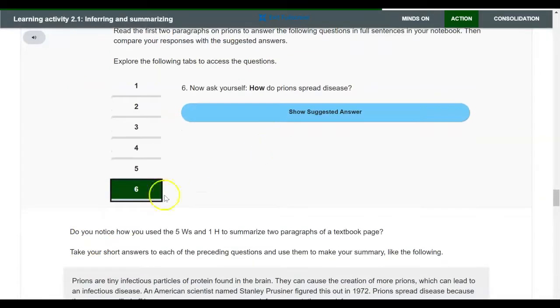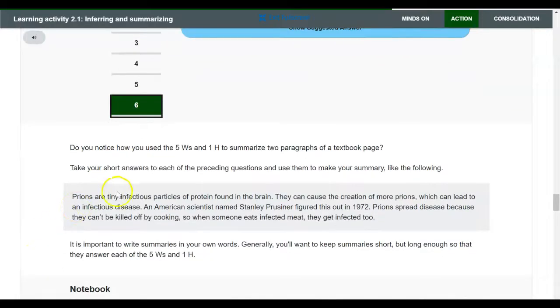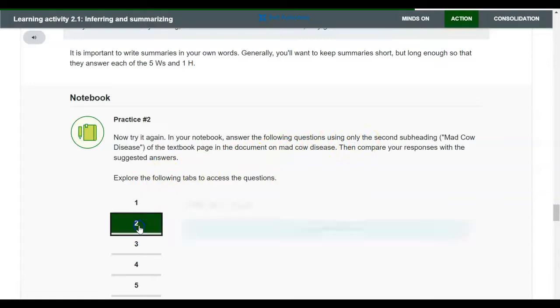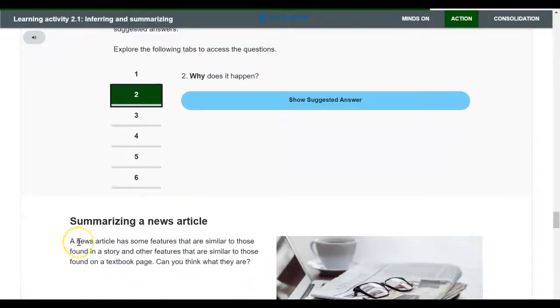You can have some suggested answers, but make sure you're going through this thoroughly. And here you can see the summary of what you would have read. So again, you can practice this in your notebooks for your own notes. Answer the following using only the second subheading on that textbook and do the same thing over again.